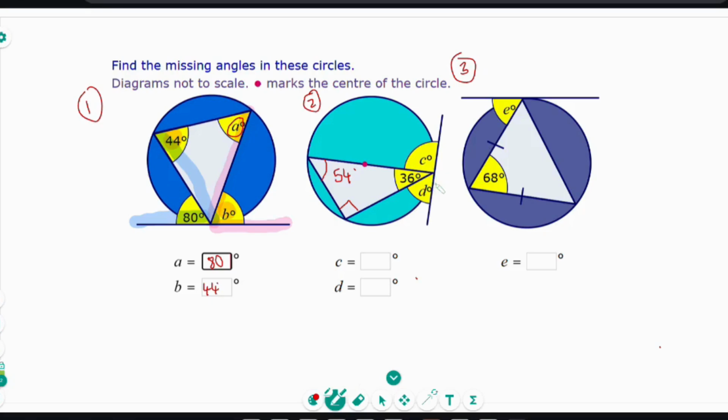And then we have this length touches this length to make an angle D. The opposite angle is 54, so D is 54. And then just come in from the other side. Here touches this length to make the angle C. Opposite one is 90.